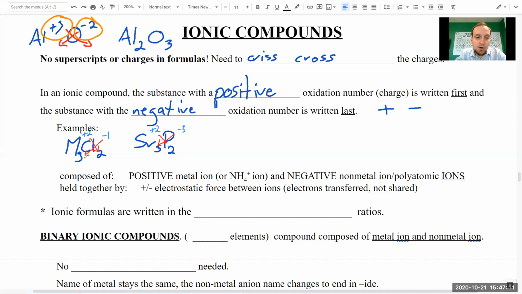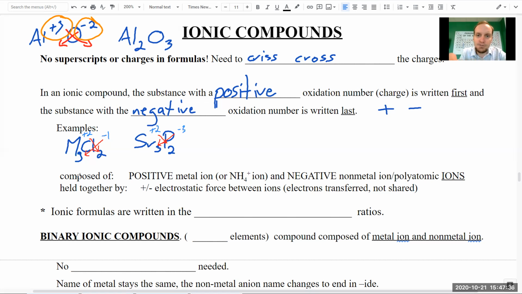Notice I did not write a 1 over here because we don't say Mg1. If you wrote Mg, clearly you already have a magnesium, right? That's a little redundant to say magnesium 1. Magnesium is one magnesium. If it's more than one magnesium, we would say Mg2 or Mg3 or Mg4, Mg5. That's the way it always works.